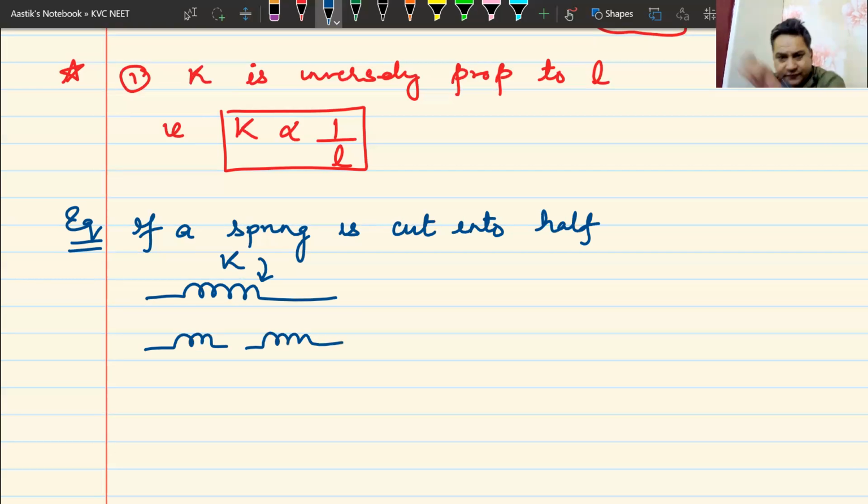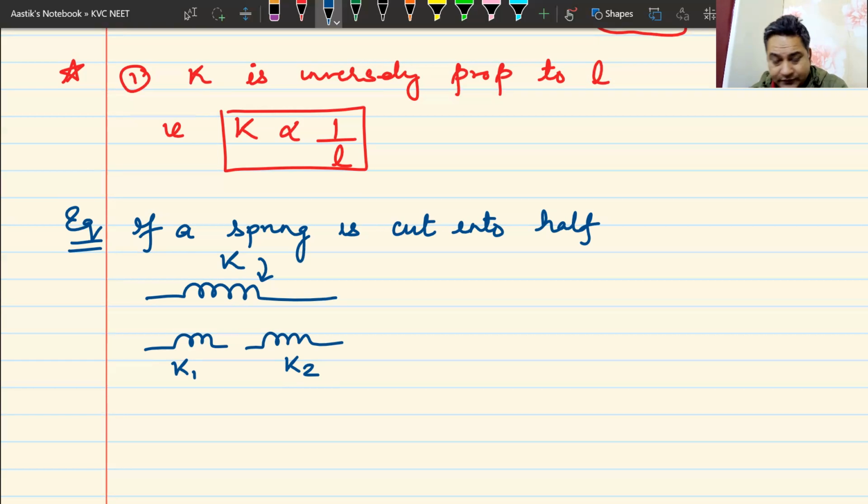I cut it into half. Now I get 2 springs, K1 and K2. I cut it in the middle.